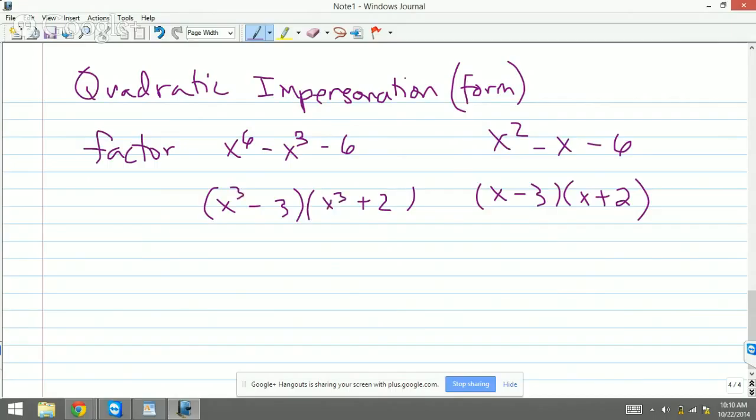Okay, so x cubed times x cubed is x to the 6th. And then the outers give us the cubic, and then the last gives us the 6th. So we're just manipulating it. Using quadratic techniques, we'll be able to factor it.